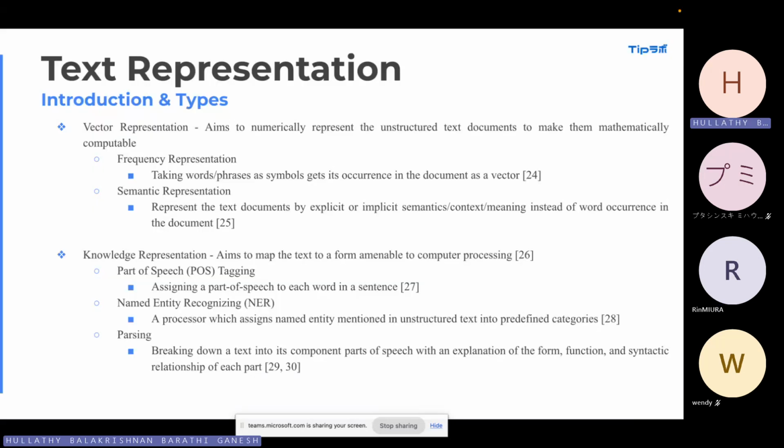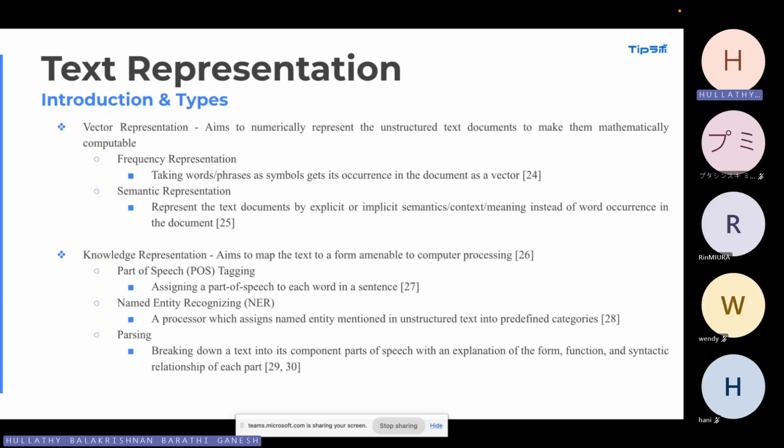Getting into text representation, what types of representation are commonly used in academic research as well as industry applications? We have two primary types. One is vector representation, which is called embeddings. The other is knowledge representation. In vector representation, we aim to represent the text as a sequence of numbers, like arrays or matrices.